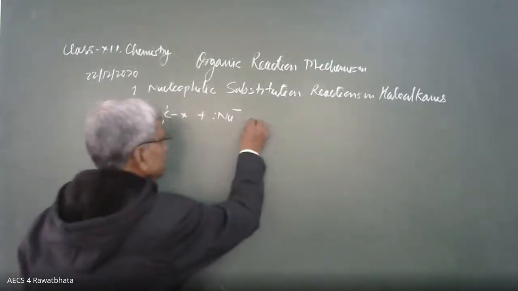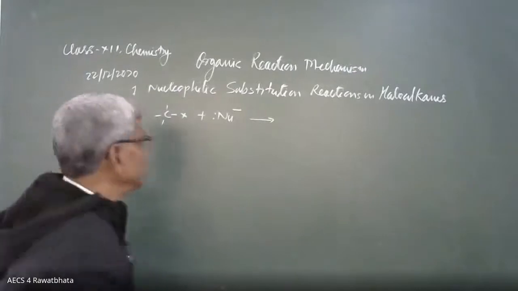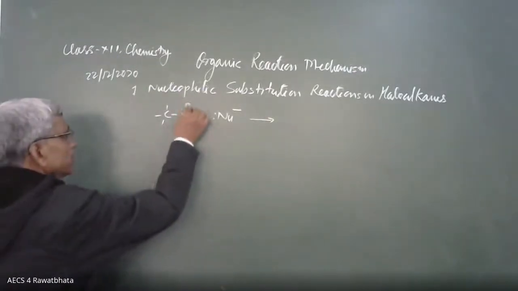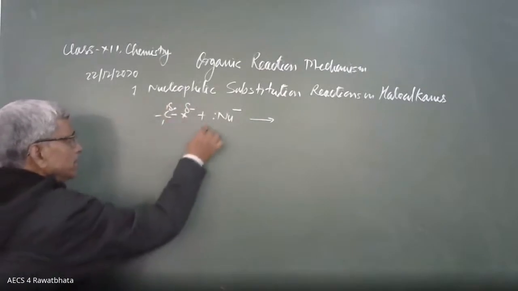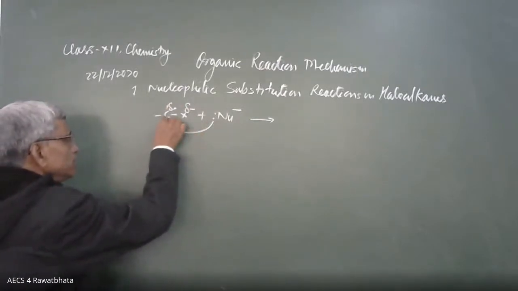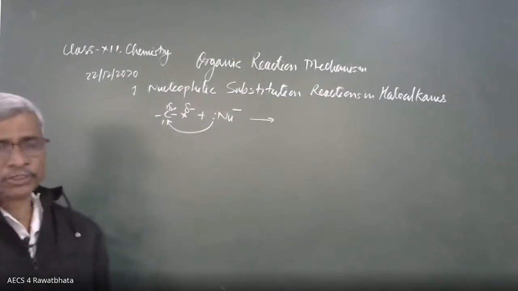And this is going to form the substitution product. The halogen acquires a partial negative charge and the carbon acquires a partial positive charge. The nucleophile has a tendency to join the nucleus, that is the positive center of the molecule.